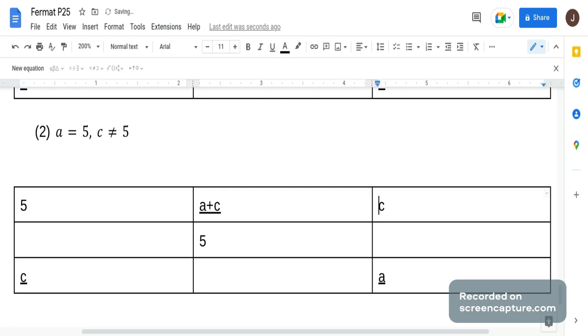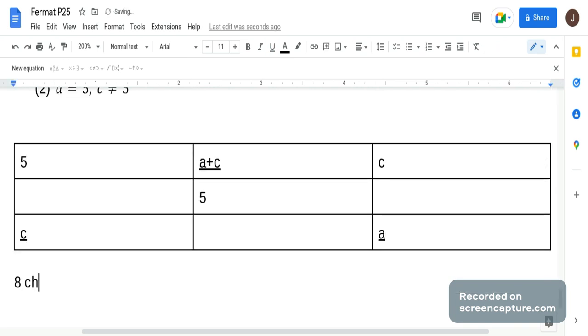We then have 8 choices for C. Remember, we have 8 choices for C, because C can be any value other than 5. Why is it other than 5? Because we stated in this problem that C is not equal to 5. So C can be all other values from 1 to 9 other than 5. So C has 8 choices.